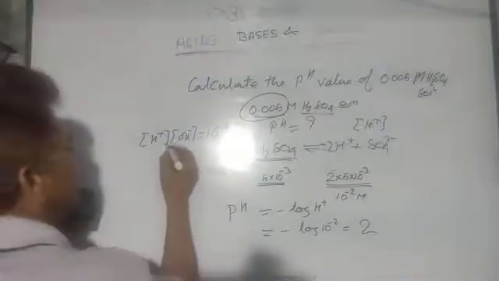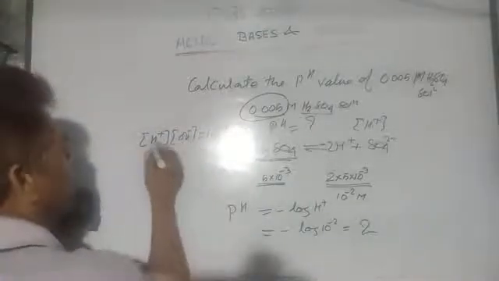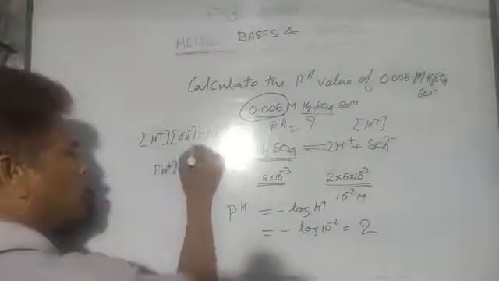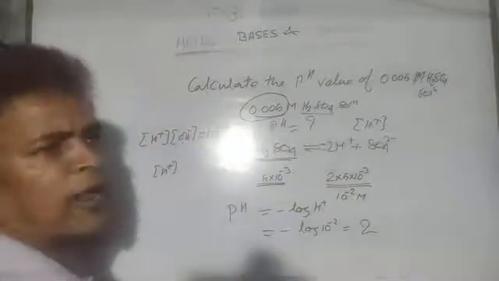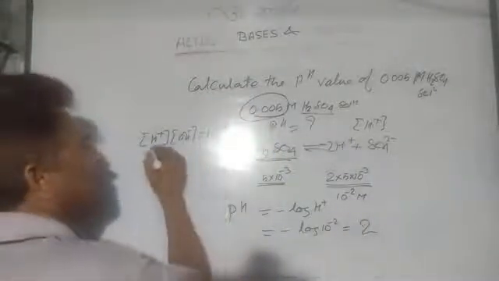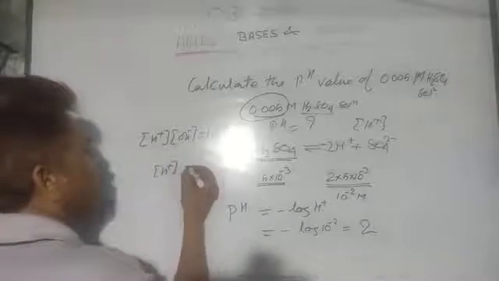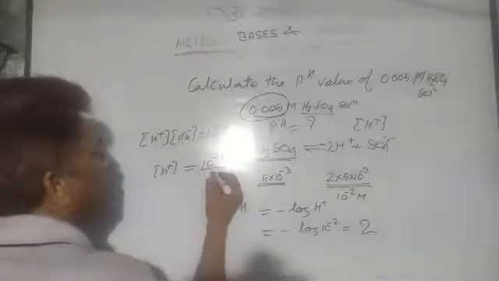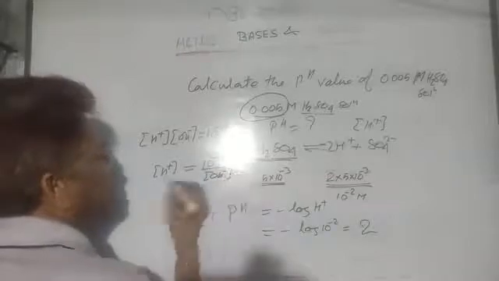If we know the hydroxyl ion, then you can find the hydrogen ion concentration also. So this formula is also utilized in solving numerical problems. When a basic solution is given, in that case you can use the formula: hydrogen ion concentration equals 10 to the power minus 14 divided by hydroxyl ion concentration.